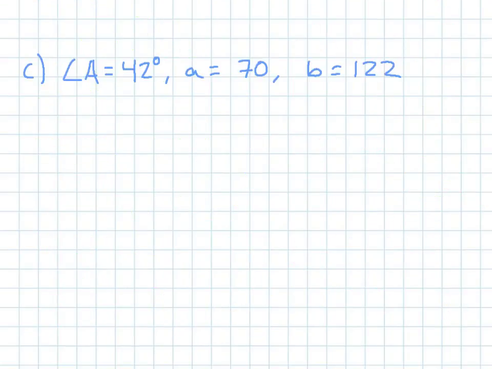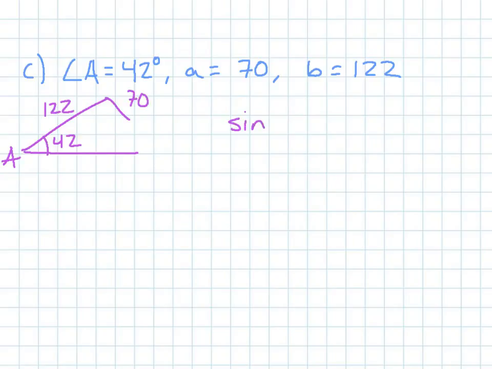Okay, here's the last one. We have angle A of 42, side B is 122, side A is 70. Okay, so we need to do our ratios here, just like we did for the last ones.